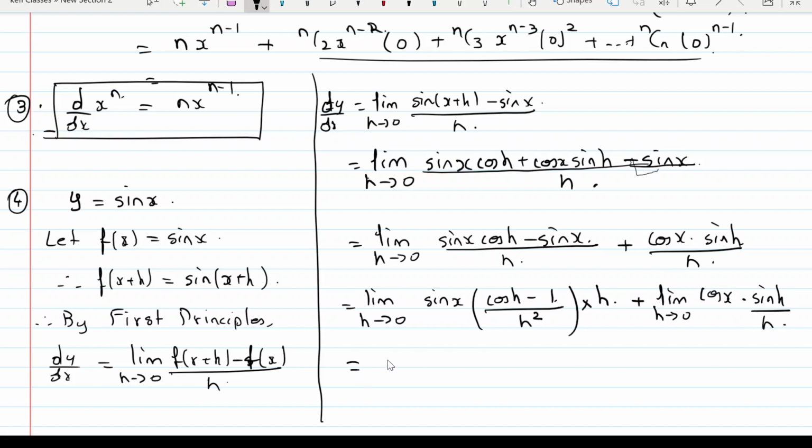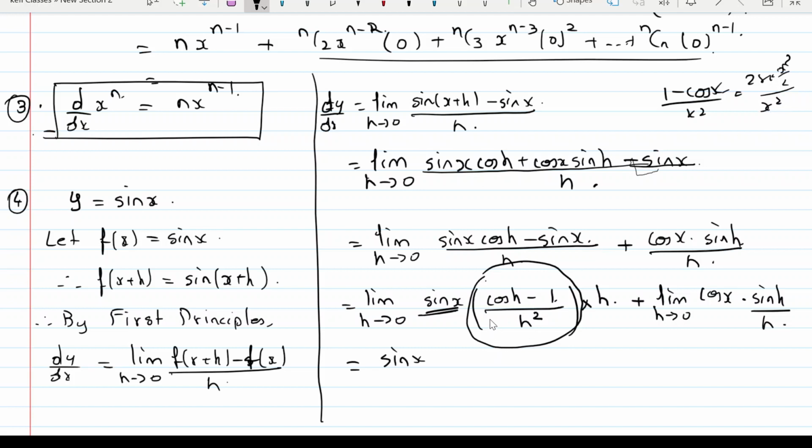So this is equal to, sin x is a constant, so this is going to be sin x, and this limit we know always comes as half. When it is 1 minus cos x, then we can write it as 2 sin square x by 2 divided by x square, and then solve, and this answer comes as half.